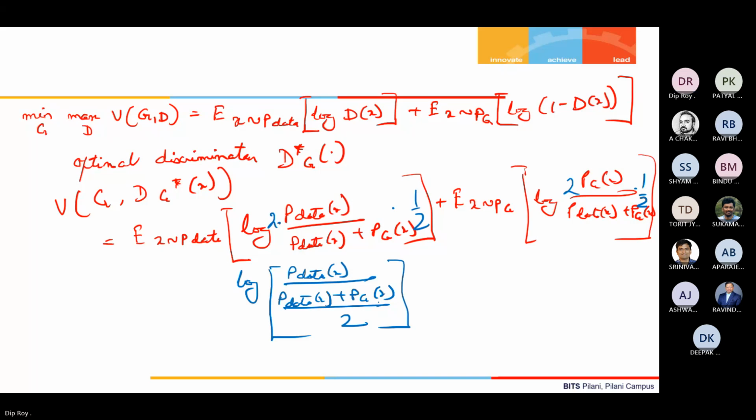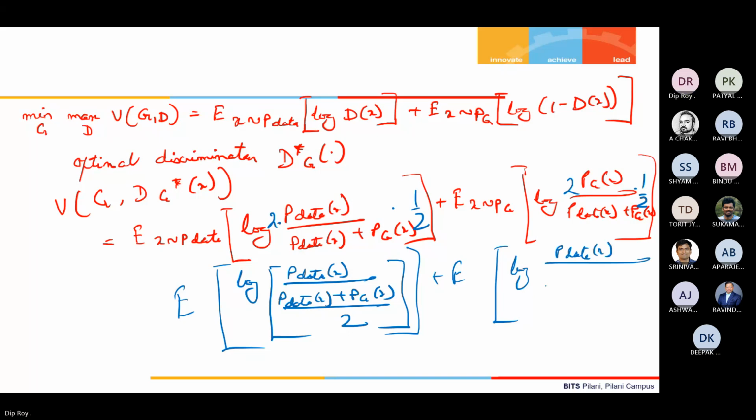This is an expectation here, and there is another expectation here with respect to G, which is log of P g x divided by (P data x plus P g x) divided by 2.